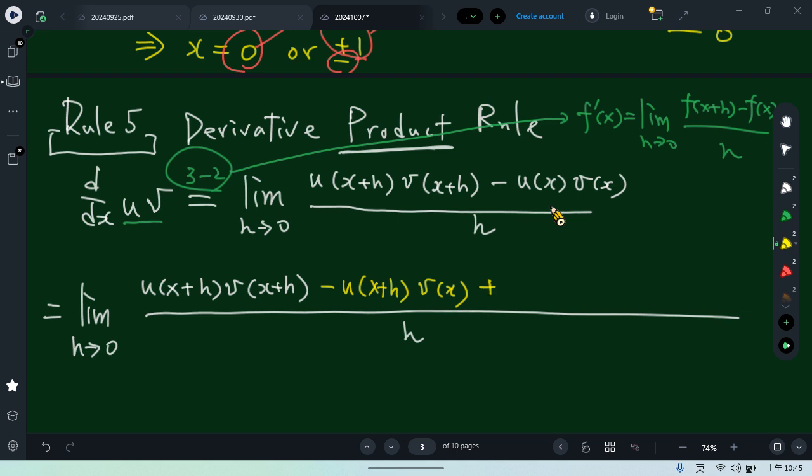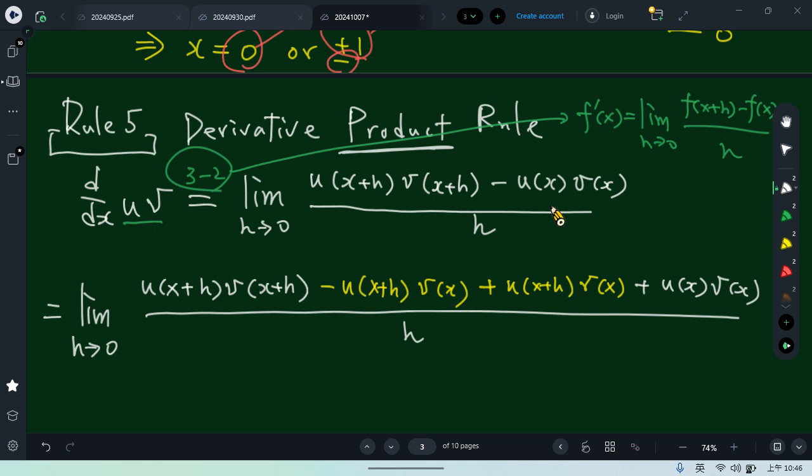We subtract the additional term, so we need to add it back with u of x plus h times v of x. Then we still have u of x times v of x. So it's easy: adding one special term and subtracting the same term, they cancel and go back to the original.